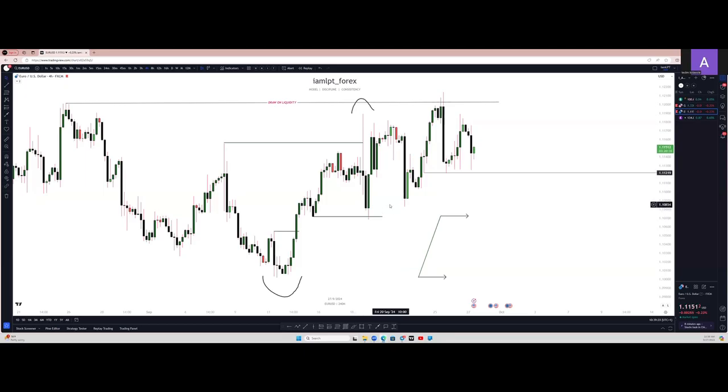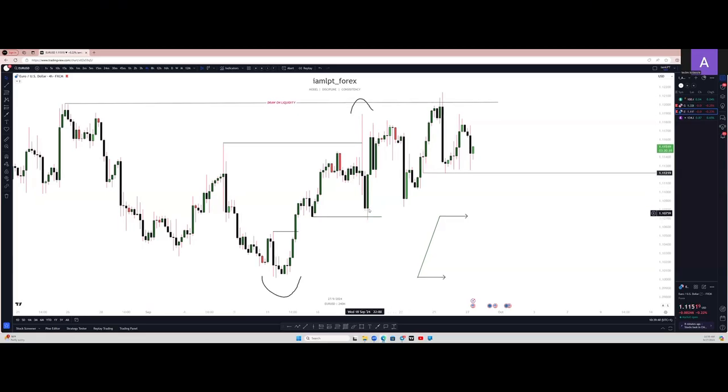And one thing about me is, even after having my reference point marked, I still have a confirmation pattern, right? So after this happened, the market went out and returned back inside this zone, right?